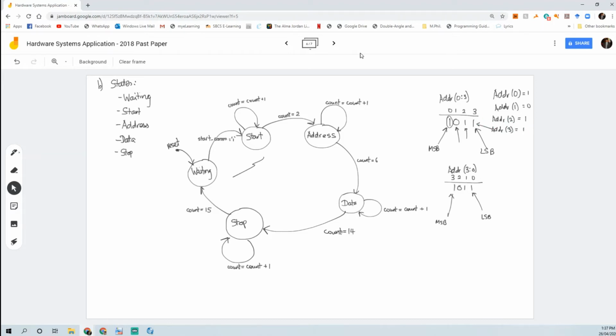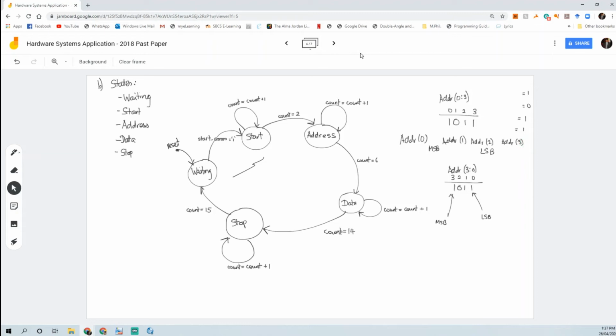All right, so let me just neaten this up a little bit. So this is address 0, this is address 1, this is address 2, and this last bit here is address 3.